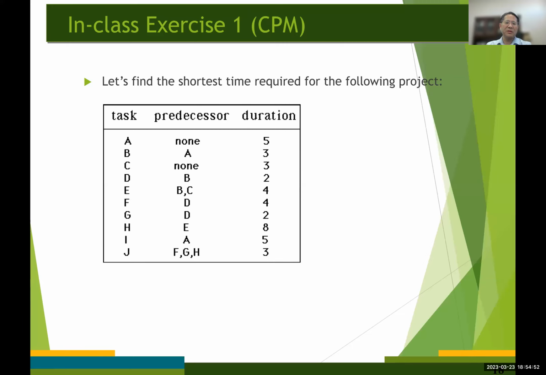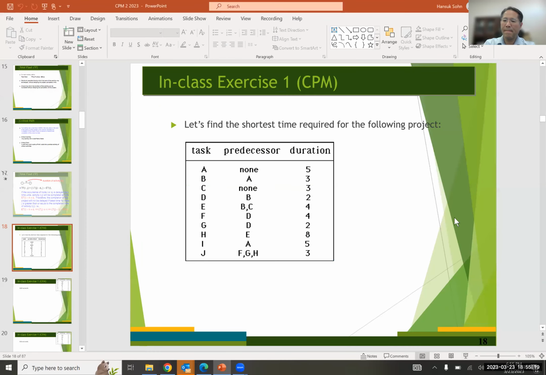And we'd like to know the shortest time required for the whole project. So we can answer this using the critical path method that we just discussed, right?